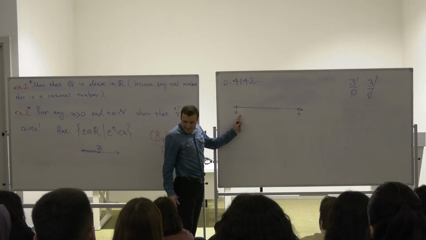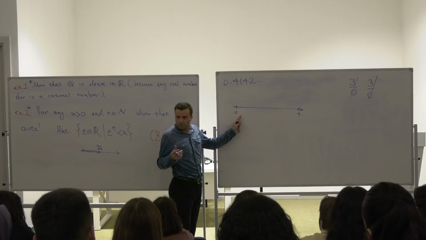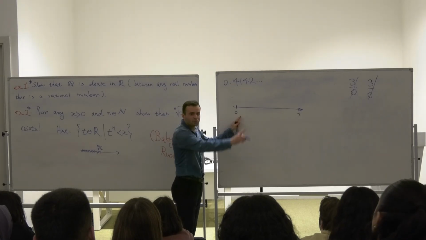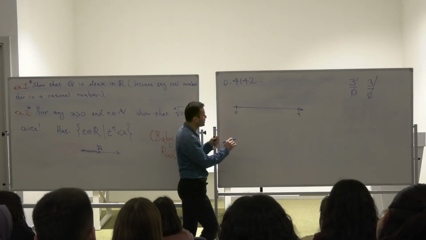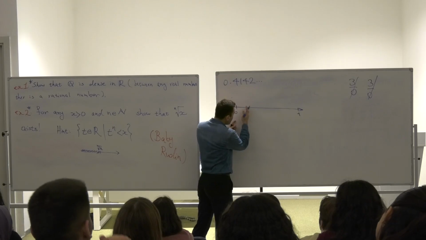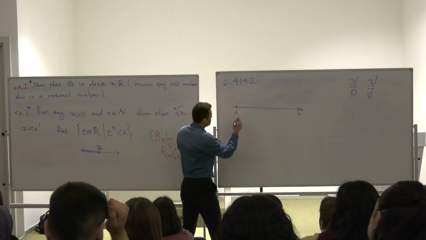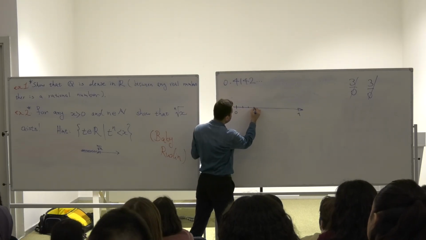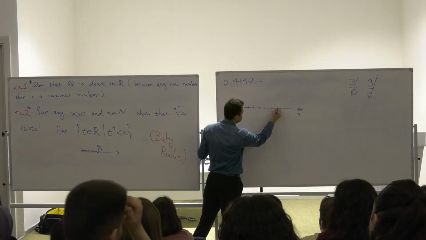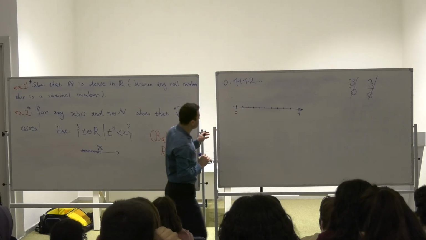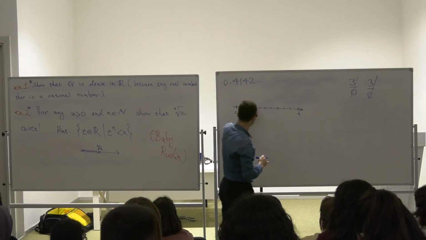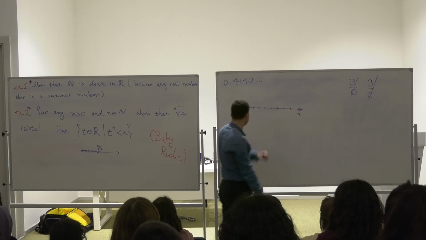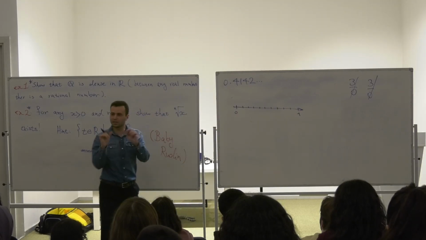We are working in base 10, right? We are working with numbers between 0 up to 9. It means that we chop this into 10 equal pieces. I hope I can do it. Did I do it right? 1, 2, 3, 4, 5, 6, 7, 8, 9, 10. Yeah, good. And you assume that they are equal lengths.